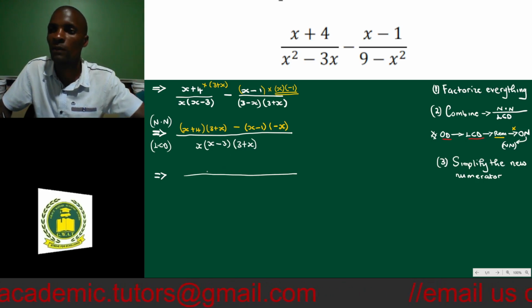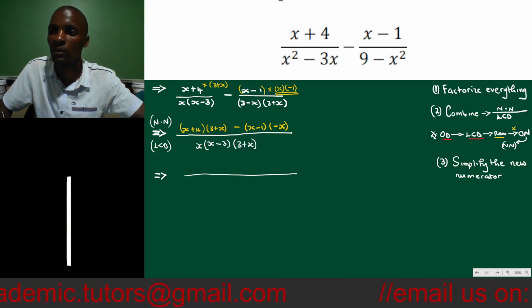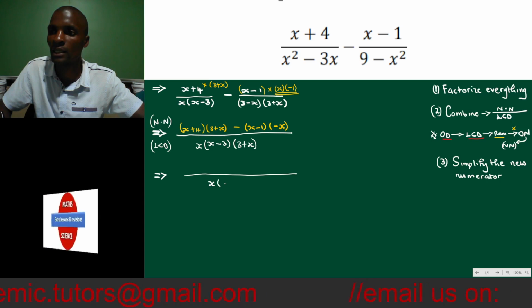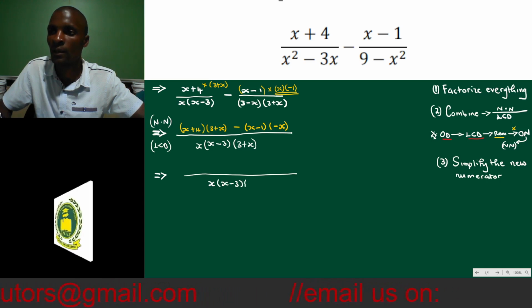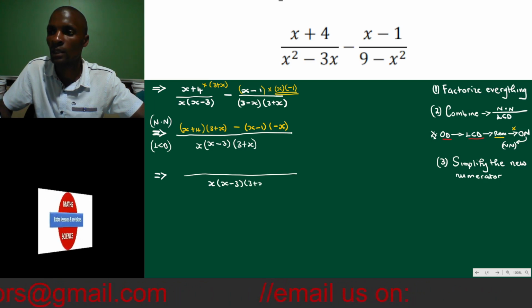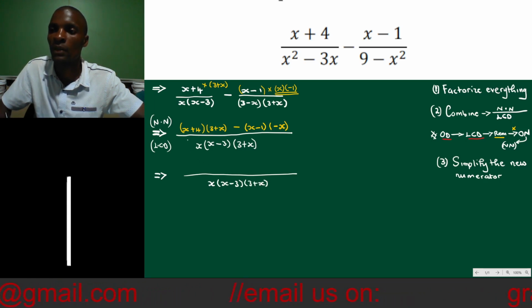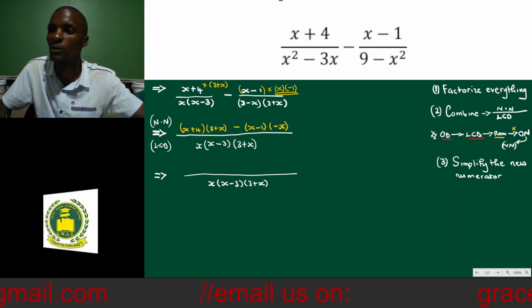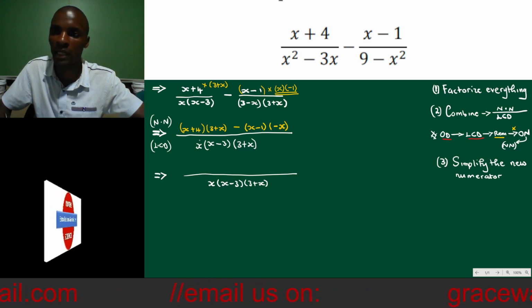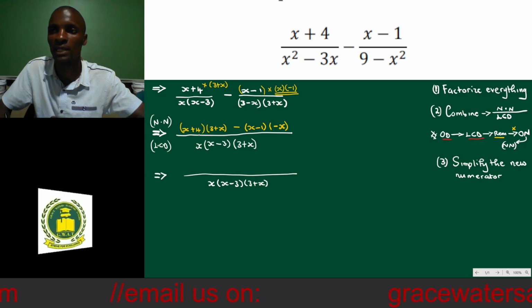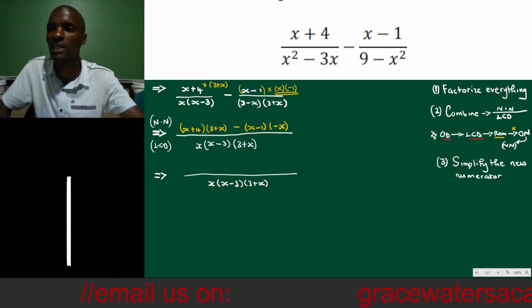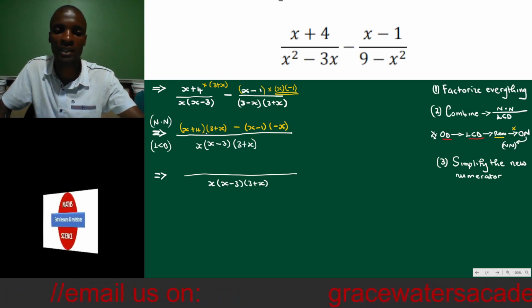Simplifying the new numerator and the denominator, let's write the denominator as it is: x minus 3 this side, and then 3 plus x as it is. But the numerator needs to be simplified because it has got brackets. I know that you have learned how to simplify brackets. Now do the simplification and then I'll just write it down for you.